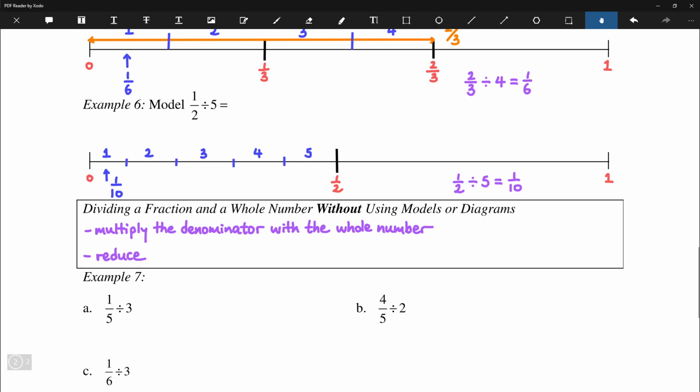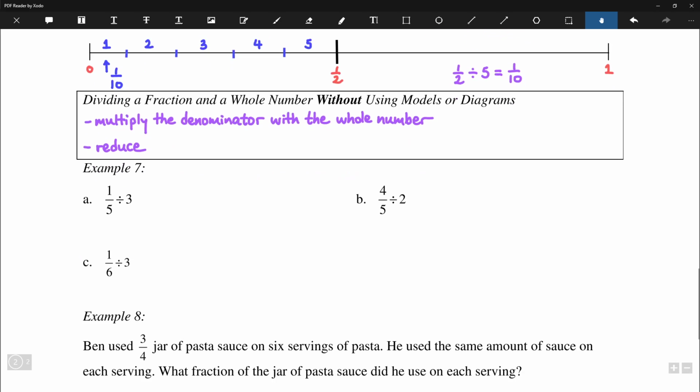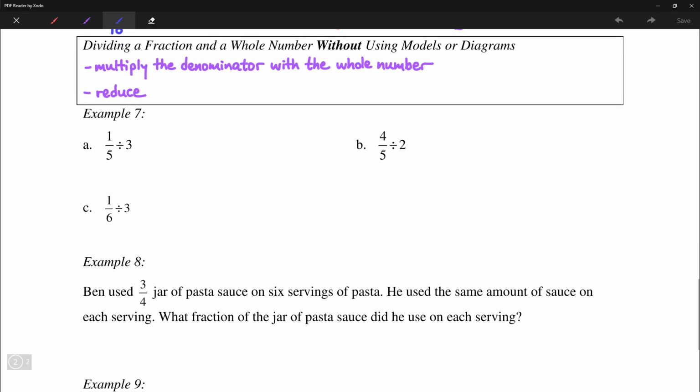Okay, so here are just a few quick examples of that idea. So in the first case, we'll have 1/5 divided by 3, which of course is equal to 1/15.